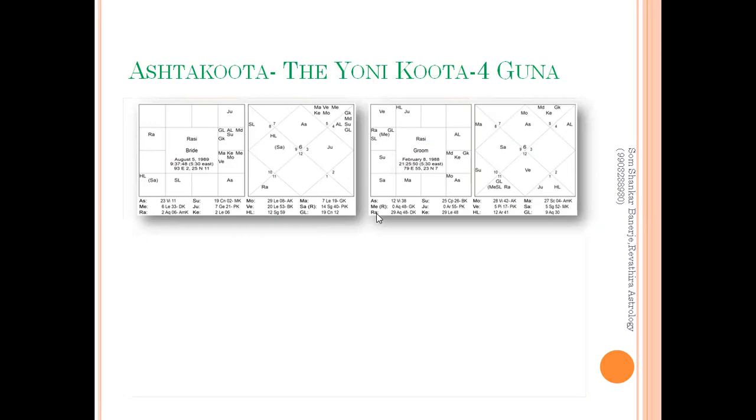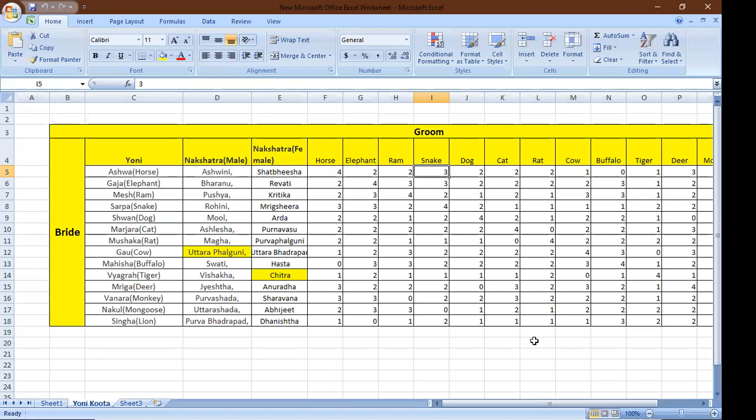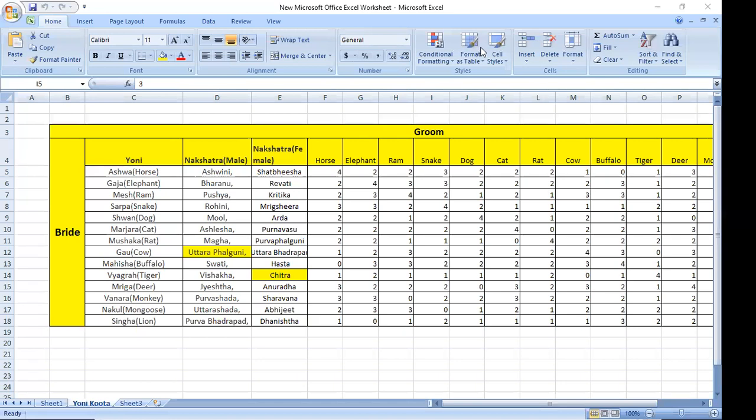Girl and the boy. Now let us go. It's taking some time. Okay, it has come. My laptop has actually gone very old. So you see the girl's nakshatra, this part is the bride and this part is the groom.